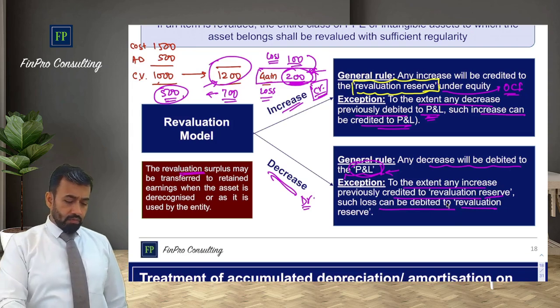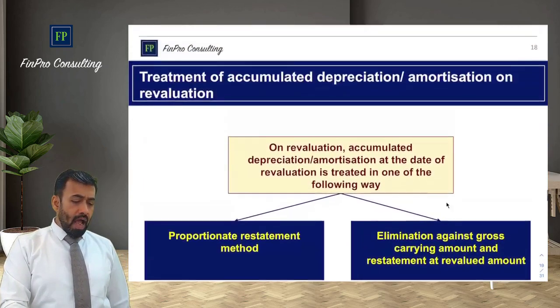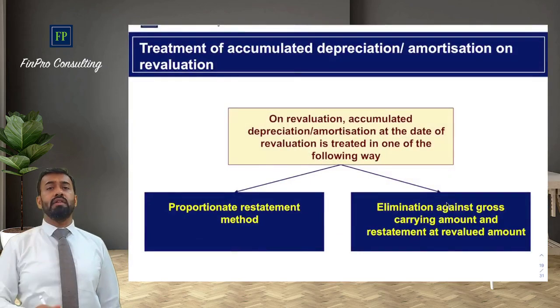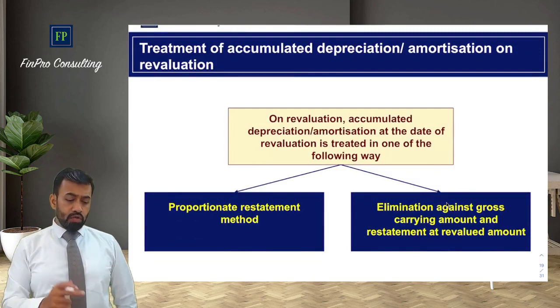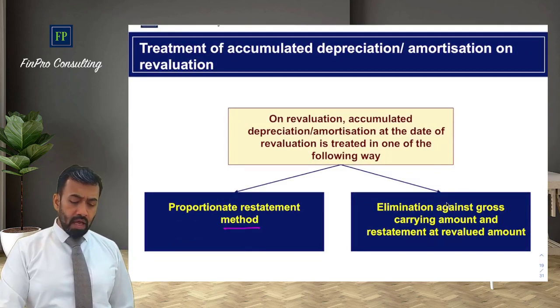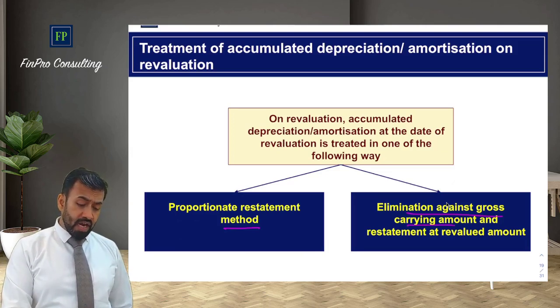Okay? Now, how to account for this increase? Once this question had been asked in the examination. Which method? Correct? So there are two methods, proportionate restatement method and elimination against gross carrying value. What to restate?